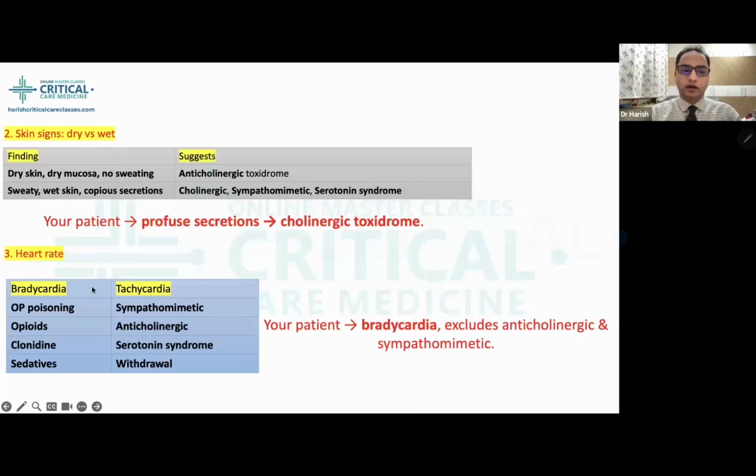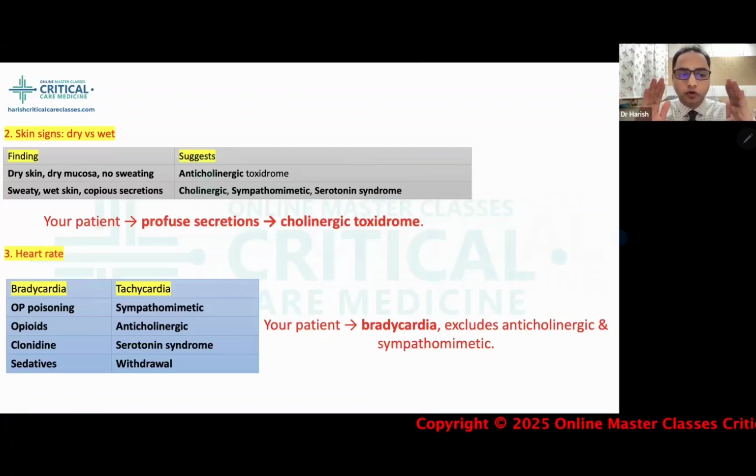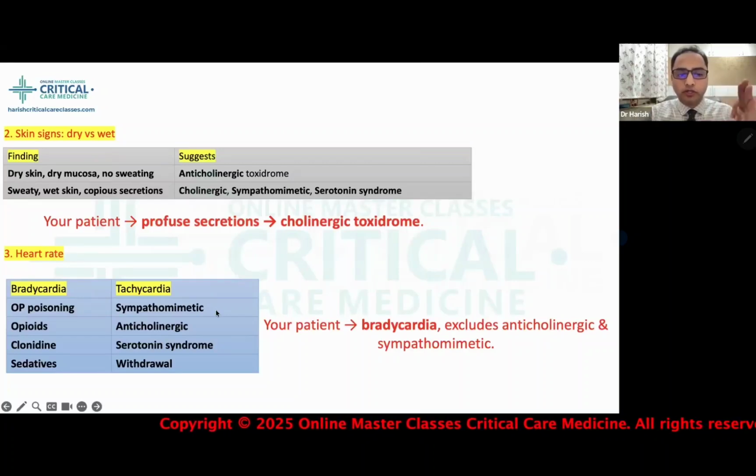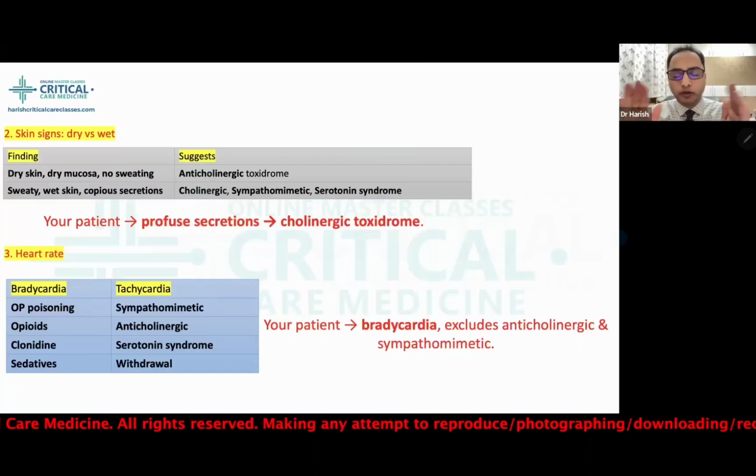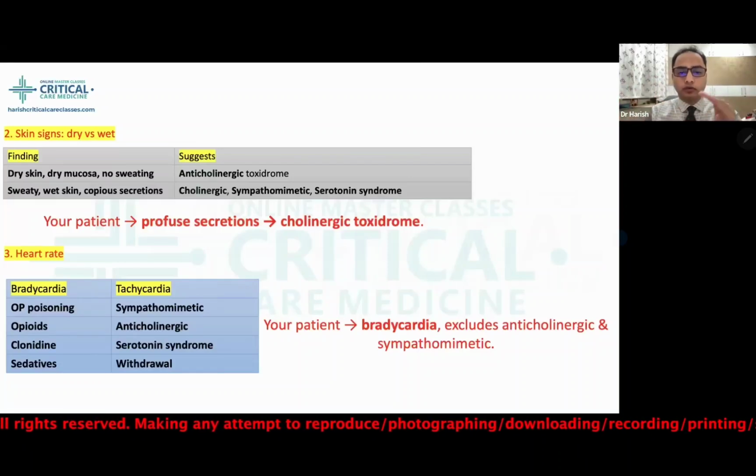Next, see the heart rate, bradycardia versus tachycardia. Bradycardia fits OP poisoning, opioids, clonidine, sedatives. Tachycardia: sympathomimetic, anticholinergic, serotonergic syndrome, or withdrawal syndrome. The patient again has bradycardia, which excludes anticholinergic and sympathomimetic toxidromes. So we have reached a certain level in our differential diagnosis.